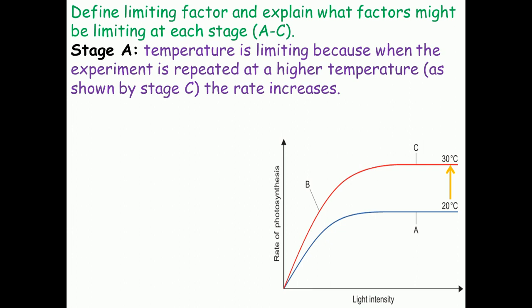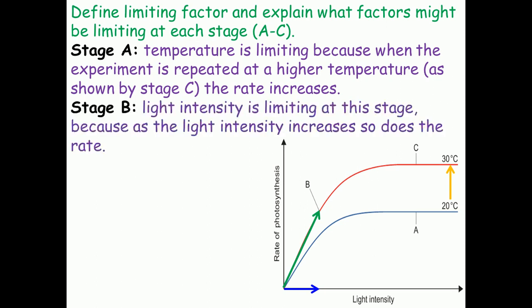If you look at B, you could see that when you increase the light intensity, the rate of photosynthesis increases. So at stage B, light must be the limiting factor, because increasing light intensity also increases the rate of photosynthesis. And then at C, we'll notice that further increases of light intensity have no effect on the rate of photosynthesis.